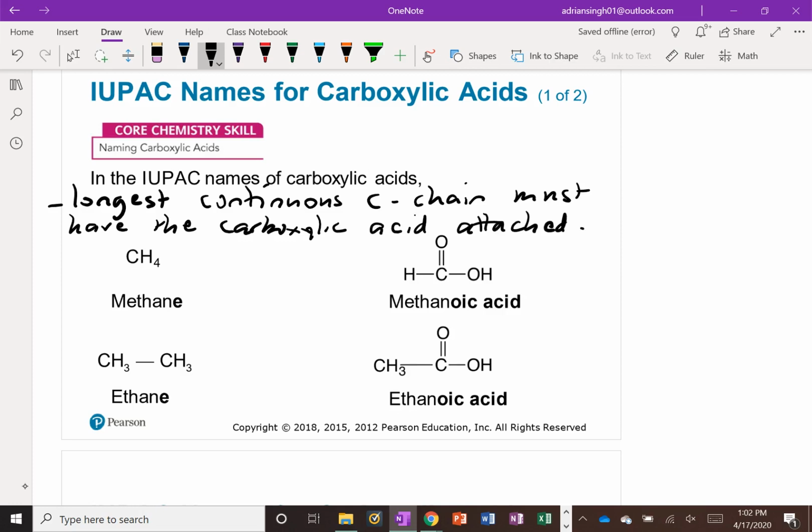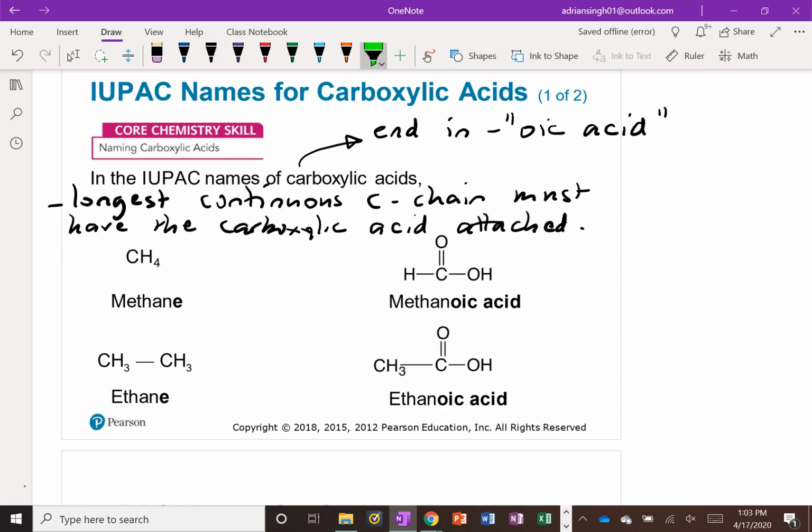And then what we're going to see is that the names of the carboxylic acids, they're all going to end in oic acid. All right, and we saw something similar when we looked at our alkanes, our alkenes, our alkynes, our alcohols, our aldehydes.